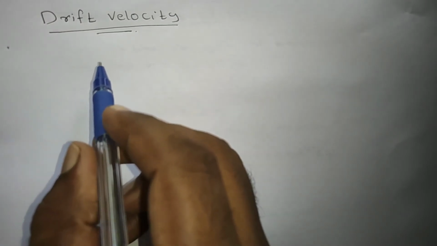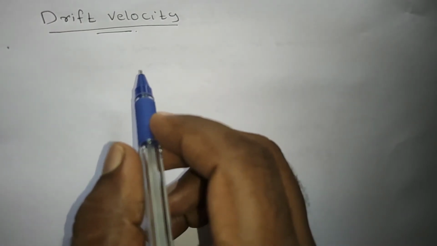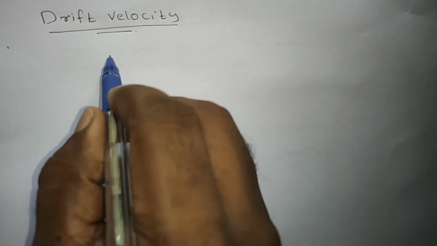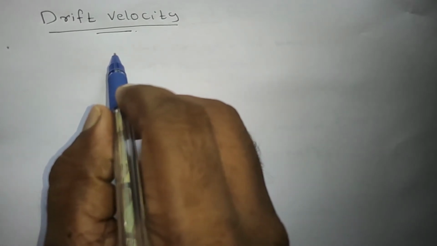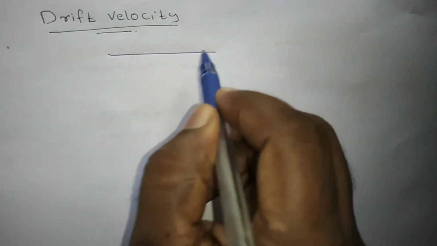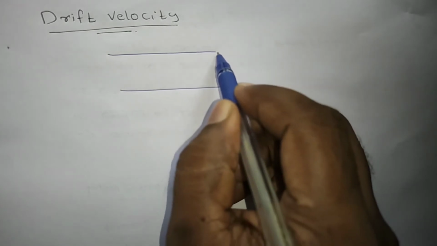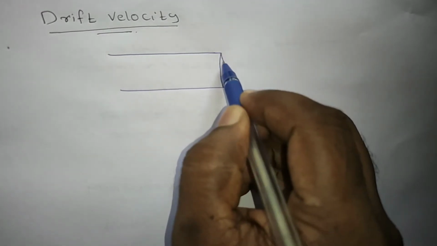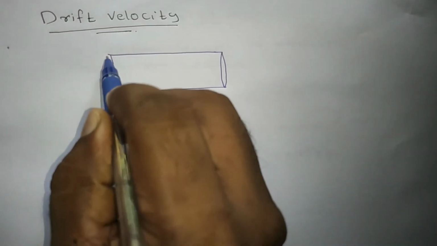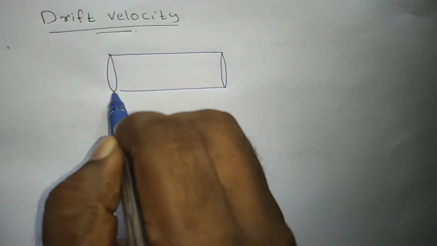In this video I am going to discuss drift velocity. Previously we studied that in the absence of an external electric field, the electrons are in random motion. That means a conductor consists of so many free electrons.